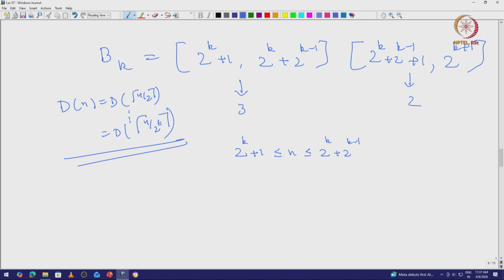You divide by 2 power k minus 1, you get 2 plus 2 power k minus 1 by 2 power k minus 1 is less than or equal to n by 2 power k minus 1 is less than or equal to 3.